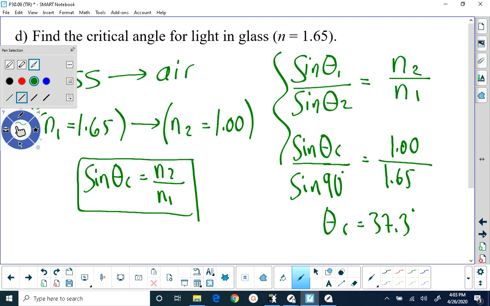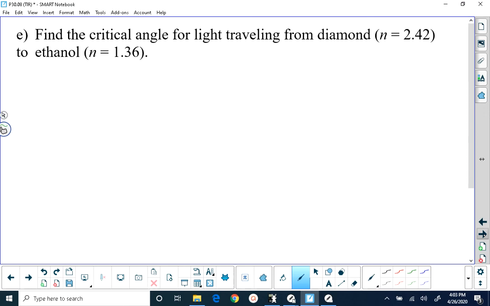Take a look at one more. Find the critical angle for light traveling from diamond to ethanol. I feel as though I should point something out to you. I shouldn't have to tell you that it's going from diamond to ethanol. I should be able to just say, what's the critical angle for light at an ethanol-diamond interface?